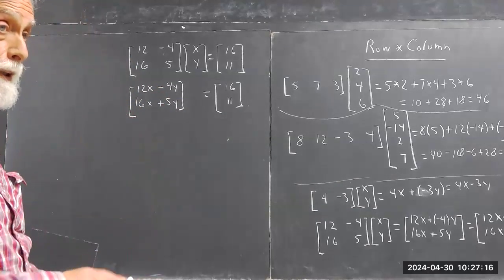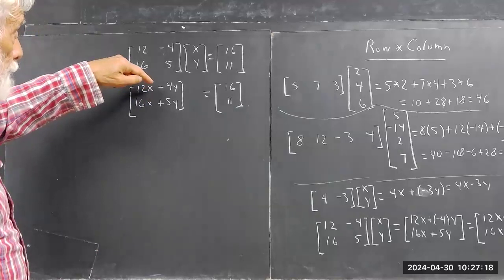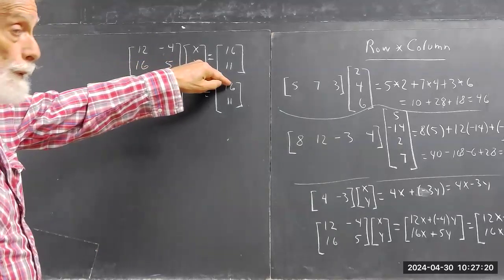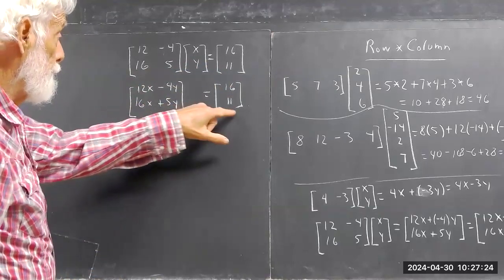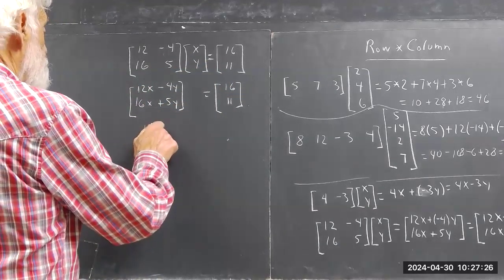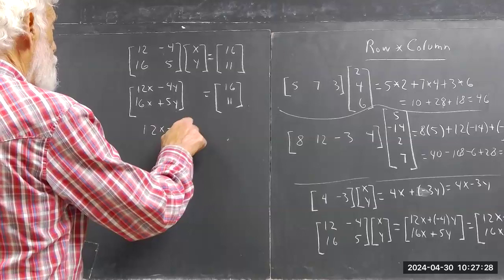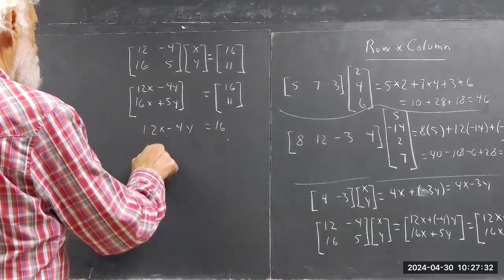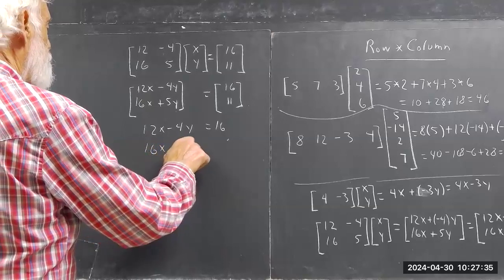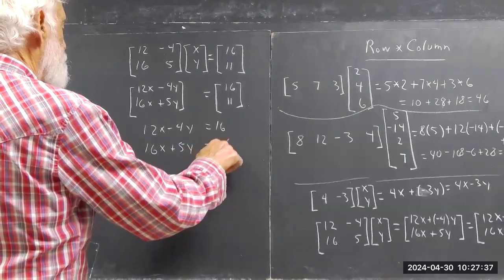What does it mean for them to be equal? Well, it means whatever's in the top row has to equal whatever's in the top row, and whatever's in the bottom row has to equal whatever's in the bottom row. So you got 12x minus 4y equals 16, and 16x plus 5y equals 11.